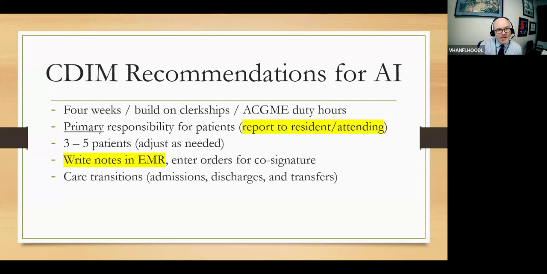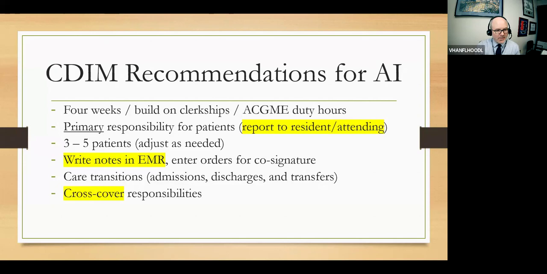Again, maybe they can't do a code status note at admission, but they should be involved in the code status decision. At transfer to an ICU, ideally they're involved in that process, maybe even signing out that patient using an I-PASS or SBAR model to the receiving MICU intern or resident.